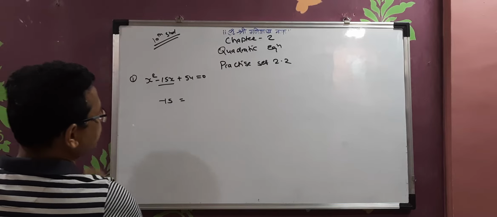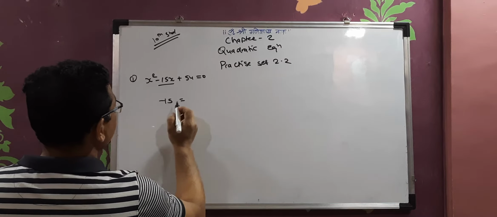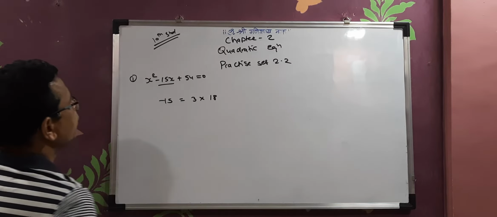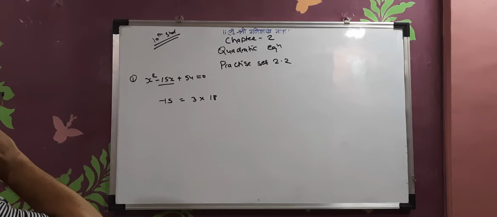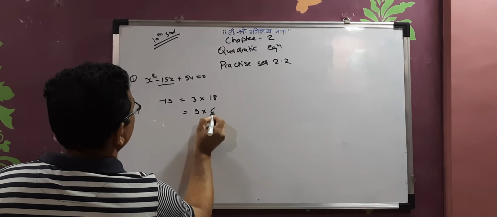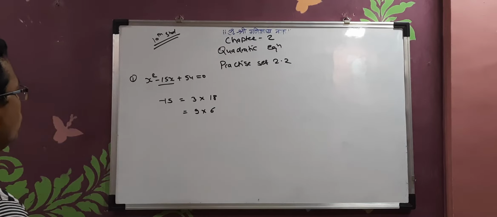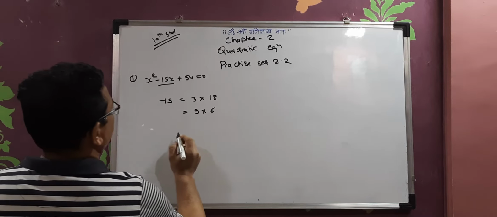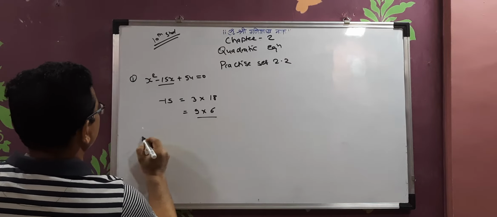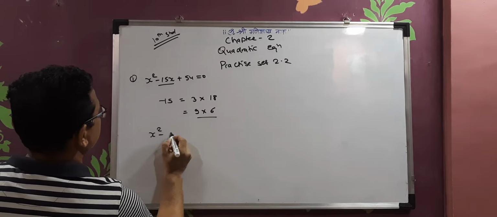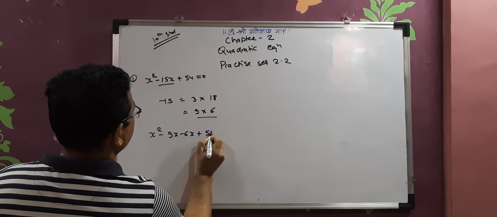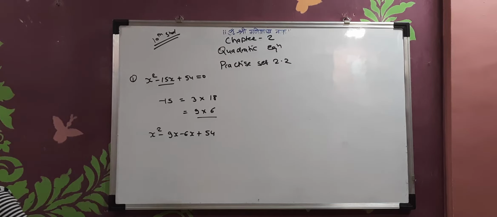So there are, say, 3 into 18, and another is 9 into 6. So we'll take 9 and 6 here. So x square minus 9x minus 6x plus 54.